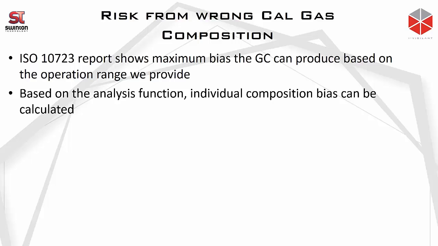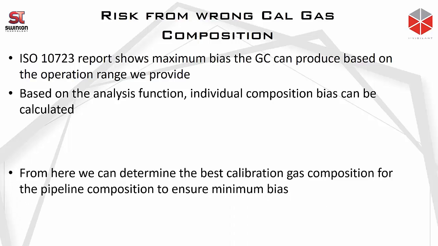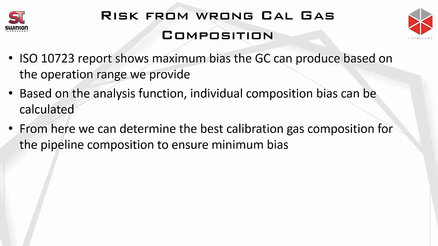Therefore we can get the individual composition bias of each component, and from there we can calculate the CV bias of each individual analysis result. Based on this, we can determine what will be the best calibration gas composition for the pipeline composition that we have to ensure minimum bias.